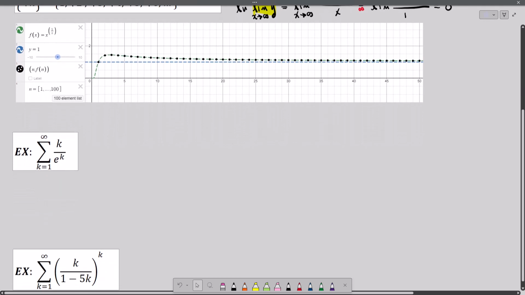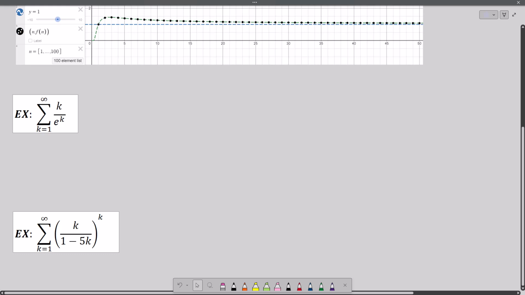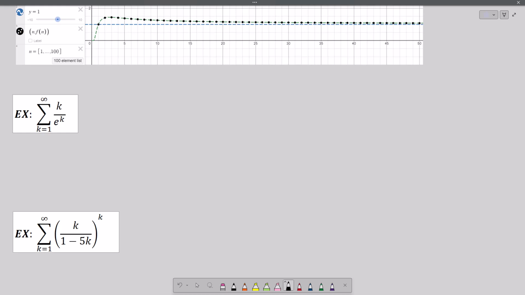All right, so let's take a look at this one. We see a power of k down here. We don't see a power of k in the numerator. But now that we have at our disposal this extra fact that the kth root of k is going to go to 1, that's going to be very beneficial. So let's try.